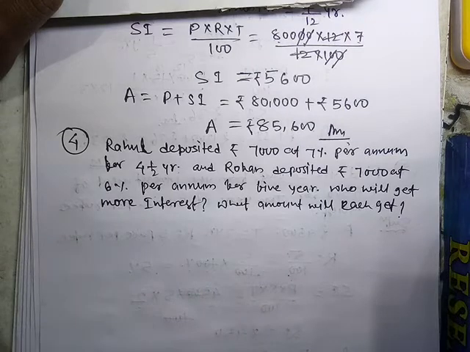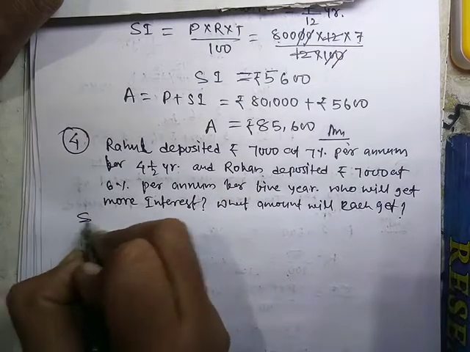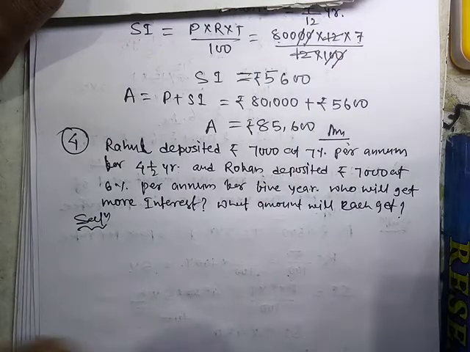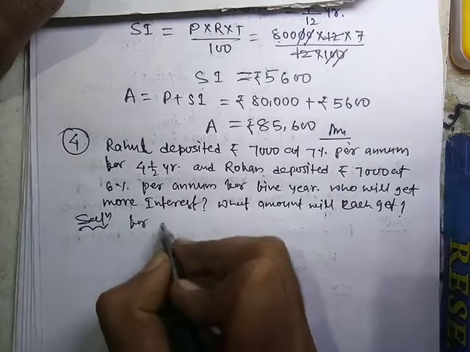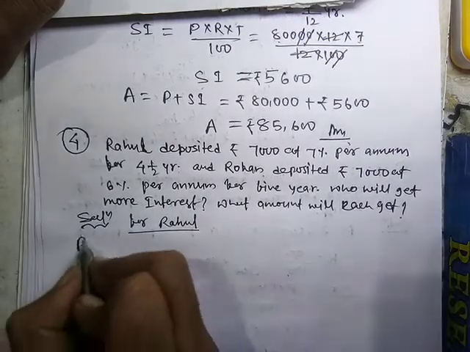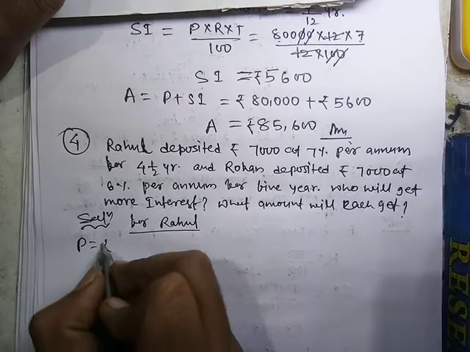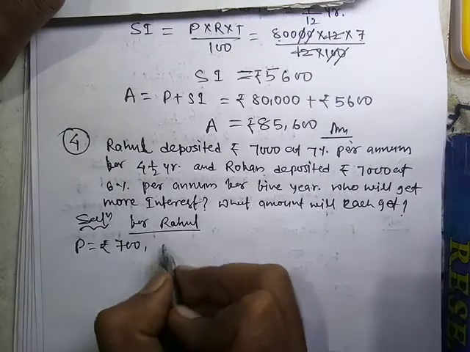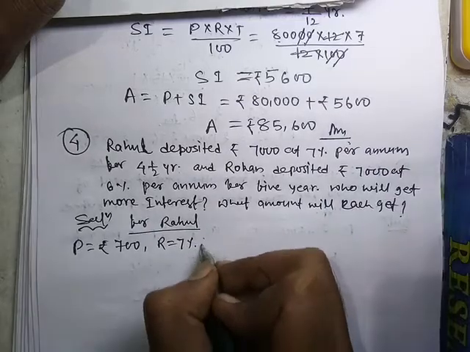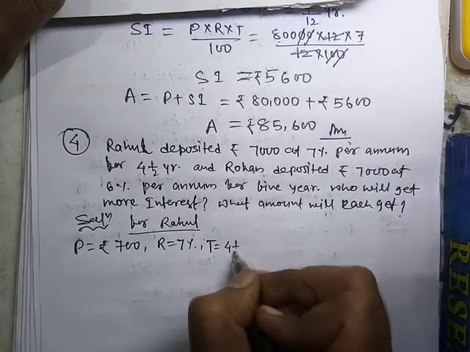For it, first you have to find simple interest for both Rahul and Rohan. After that we find the amount. For Rahul, principal is equal to rupees 7,000, R is equal to 7%, and T is equal to 4.5 years.